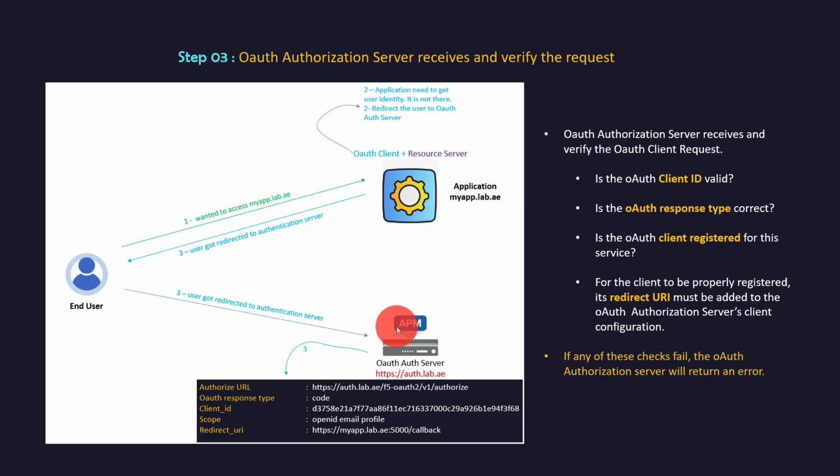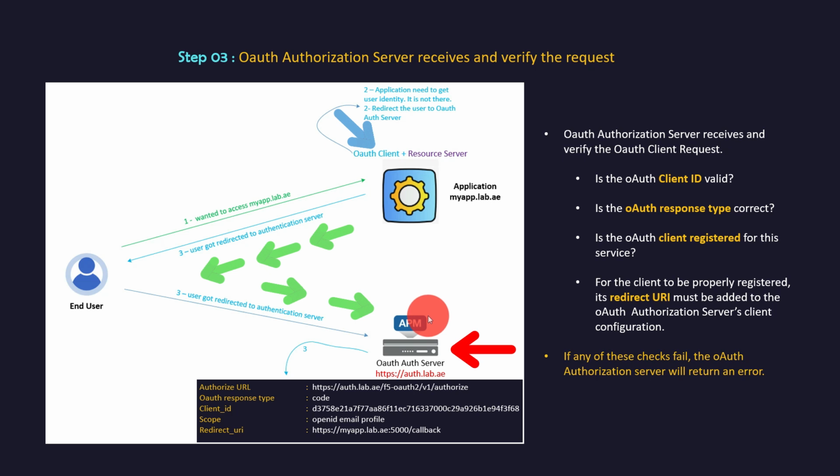In step 3, let us see how the OAuth Authorization Server receives and verifies the OAuth client request. The OAuth Authorization Server receives and verifies the OAuth client request in the following order. Is the OAuth client ID valid? Is the OAuth response type correct? Is the OAuth client registered for this service?